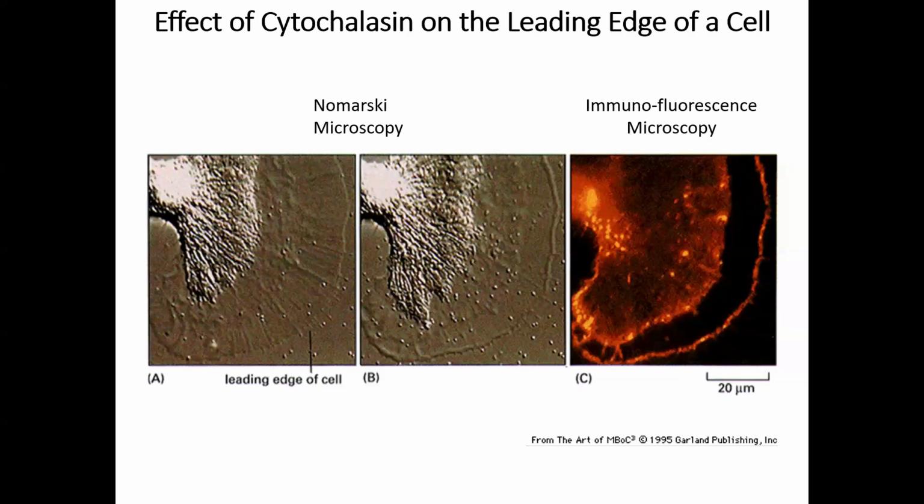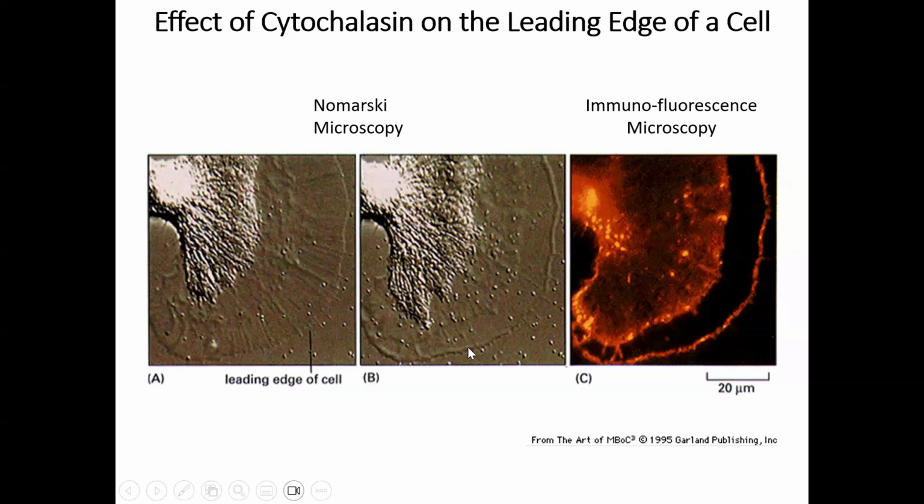You will be able to see this phenomenon, but in the same cell you will not be able to see the next step unless you use a low-contrast Nomarski or phase contrast. So this is one of the applications where Nomarski or phase contrast, even with their low contrast, come into play, because immunofluorescence is going to kill the cell.